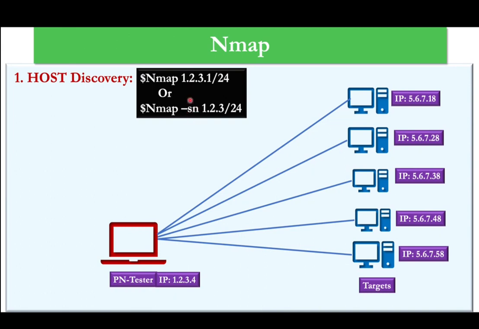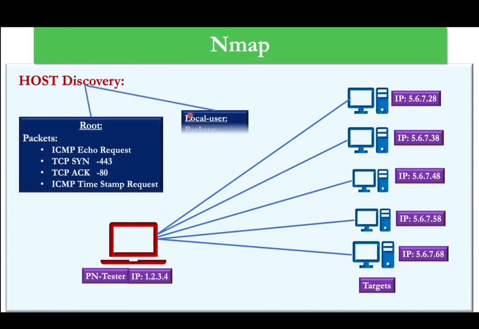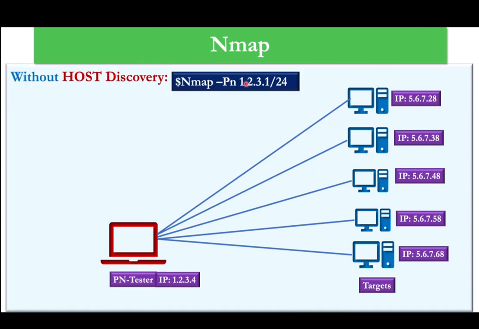That is the meaning of the switch -sn. So by giving the switch -Pn, it tells Nmap not to go for the discovery phase to check whether the hosts are live or not. Okay, so this is the host discovery phase, and in the next session we'll talk about how this scanning works.